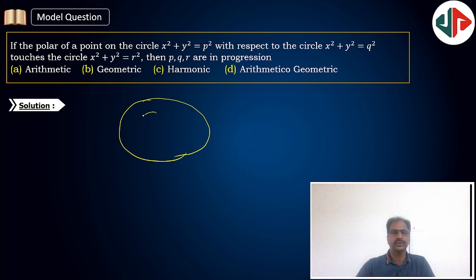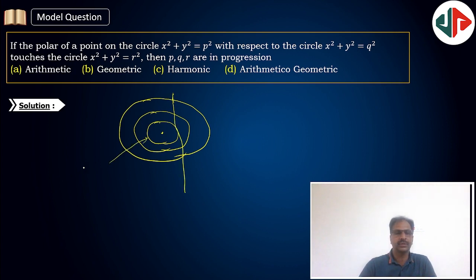Next, there are three concentric circles having same center. Polar of a point on the circle x square plus y square is equal to p square, with respect to the circle x square plus y square is equal to q square, touches the circle x square plus y square is equal to r square. See, this is the circle x square plus y square is equal to r square.